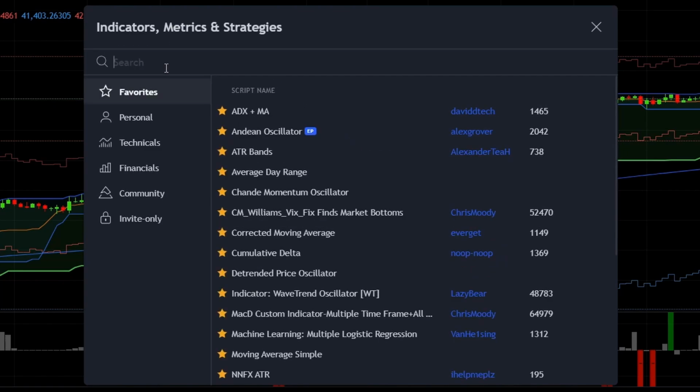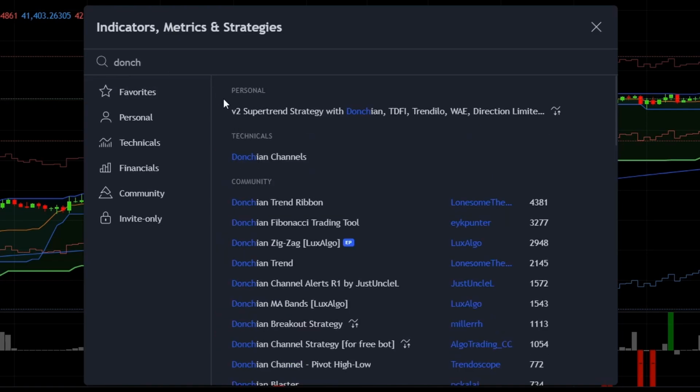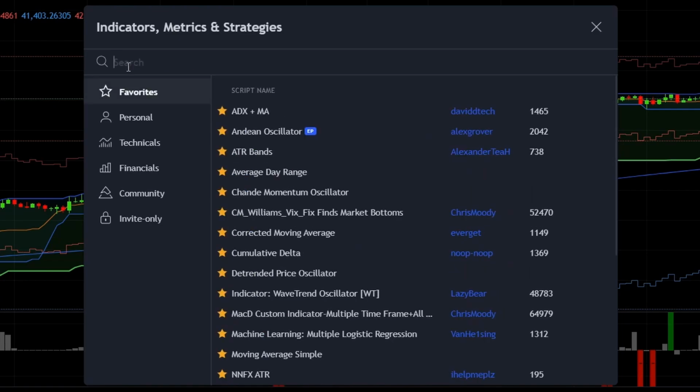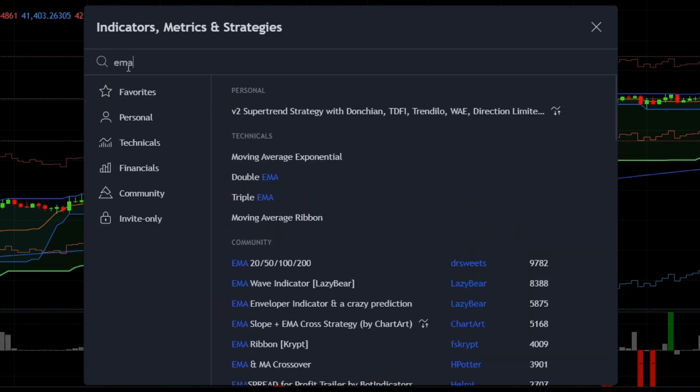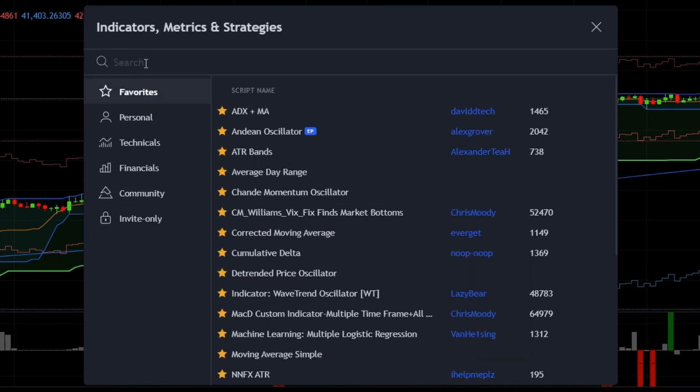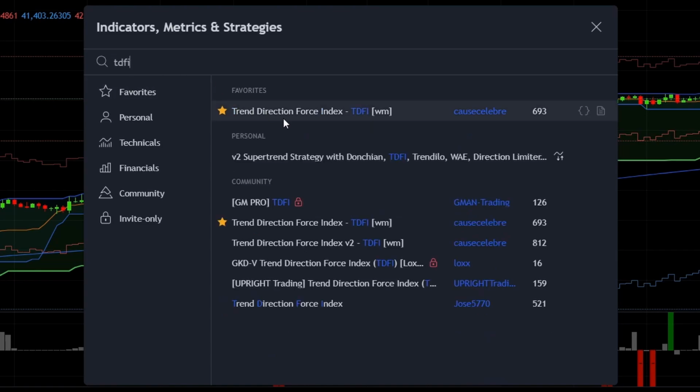Next up, one of our filters, the Donchian. Add this one. After that, a simple trend filter, the exponential moving average or EMA. Add this one. And finally, one of my favorite indicators lately, make sure to check this one out in detail, the TDFI. Add this one.